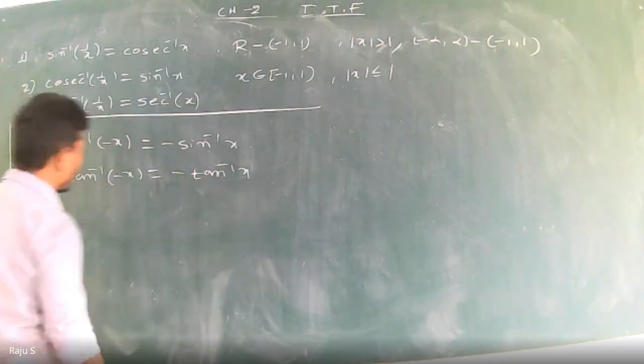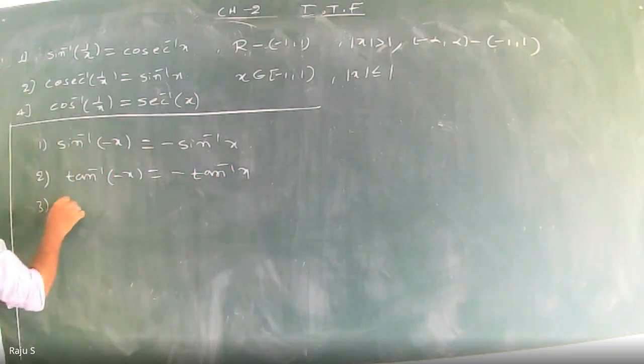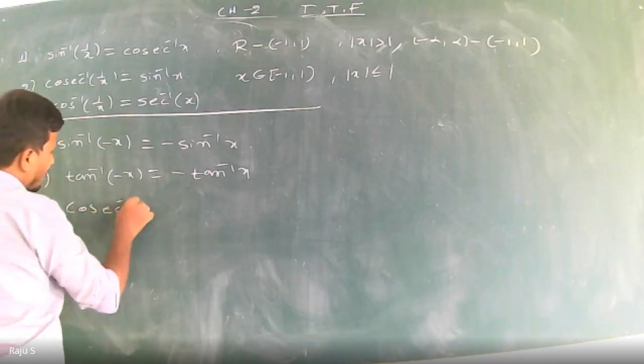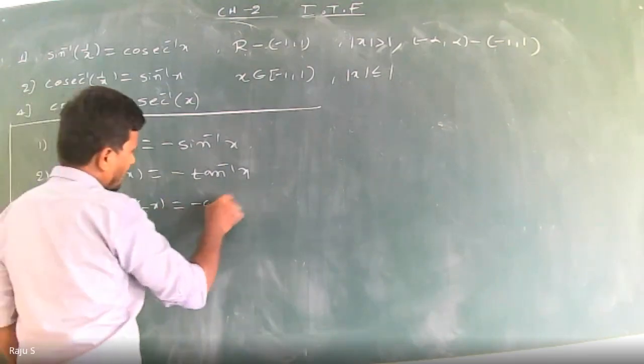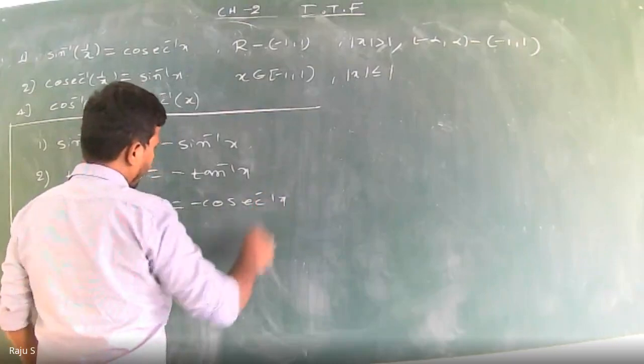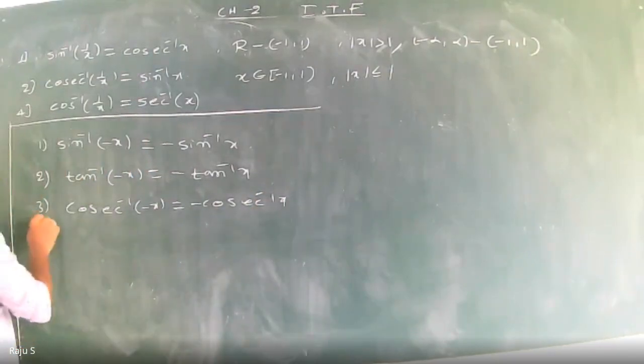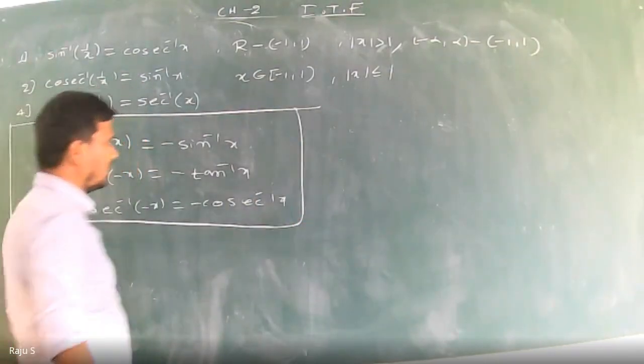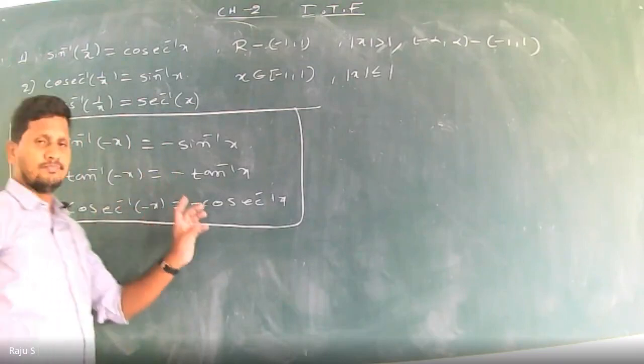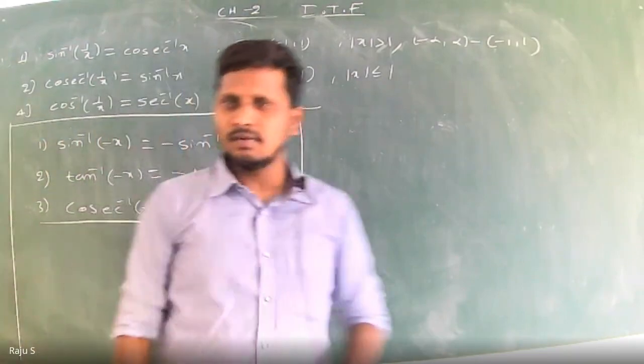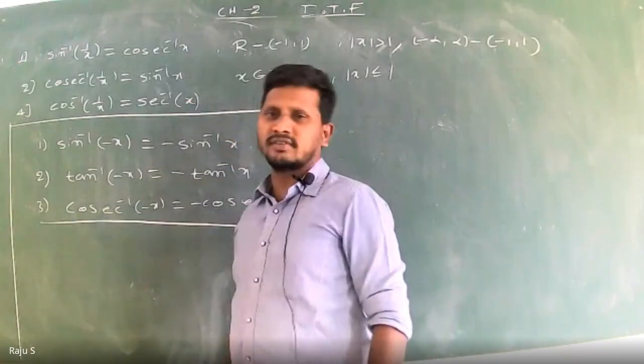I will explain you why it is like that. In the same way cosecant inverse minus x is equal to minus cosecant inverse x. And remaining these three functions, directly it will be negative: sine inverse, tan inverse, and the reciprocal of sine, cosecant inverse, same.